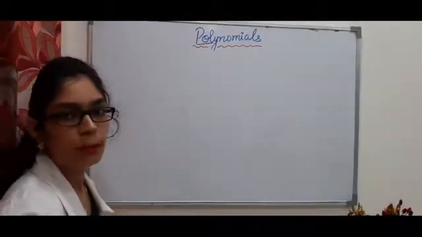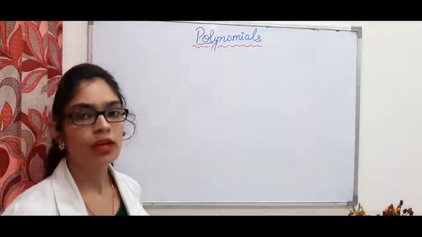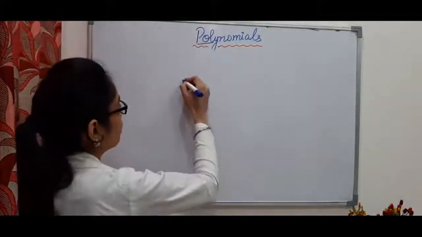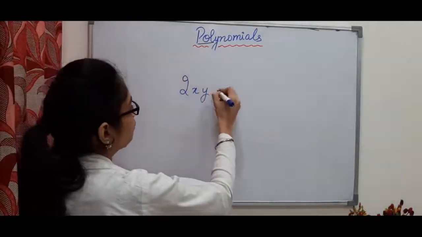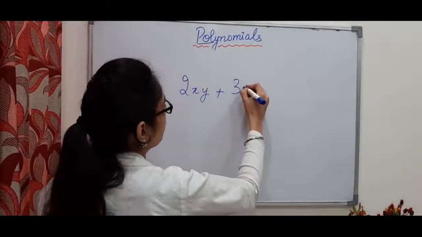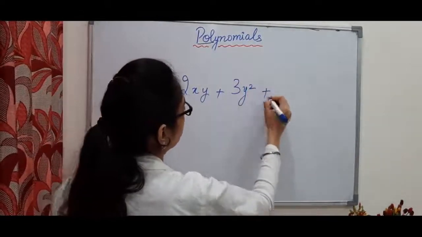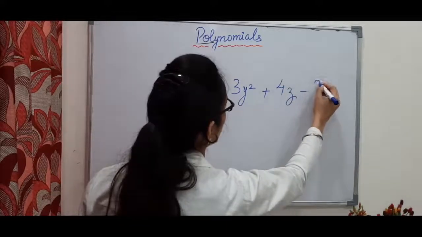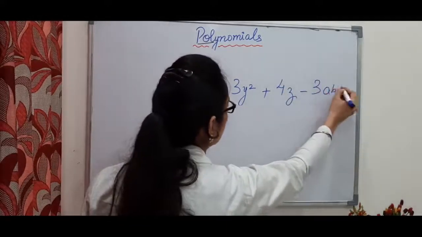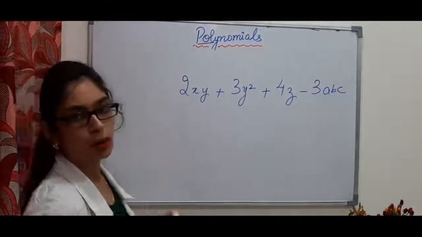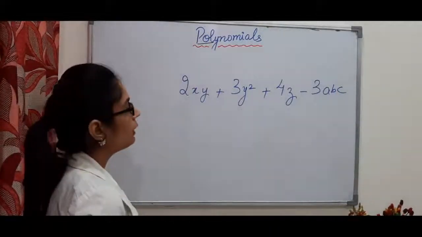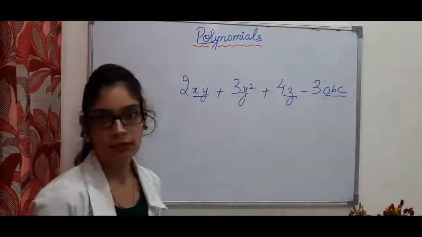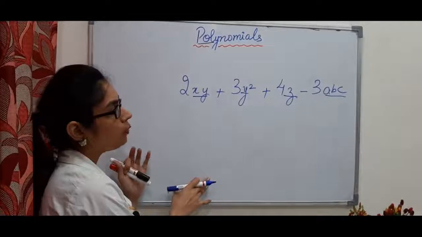Now in polynomials, we have already discussed which are constants and which are variables. So I will give you one example. This is my polynomial: 2xy plus 3y square plus 4z minus 3abc. So a very long polynomial I have taken. Here you know all these alphabets are variables. So you have to count the variables.